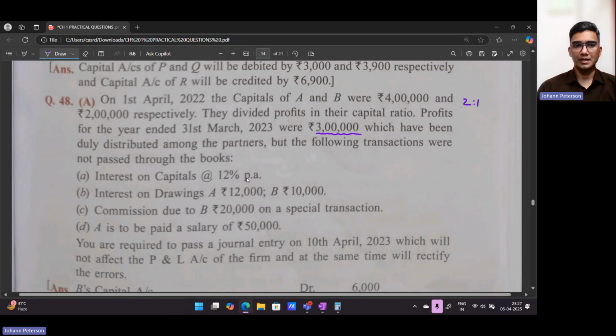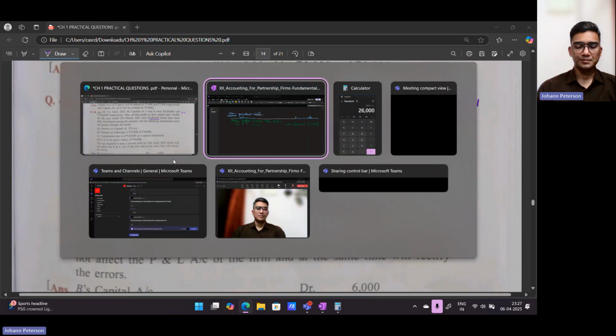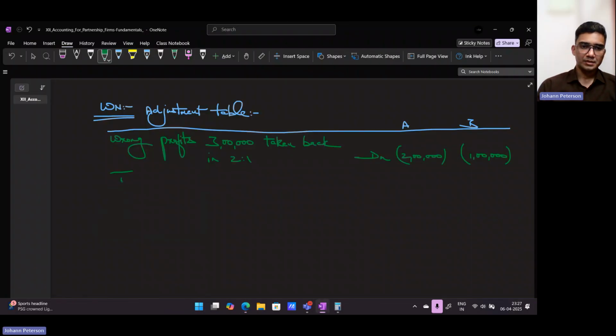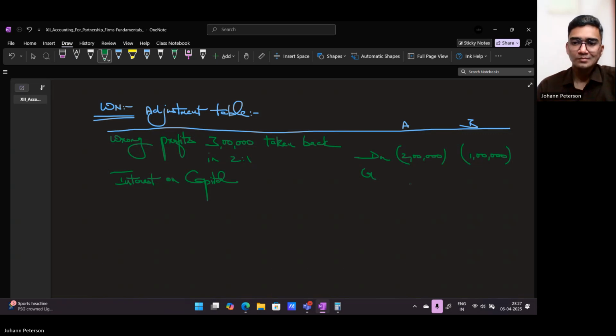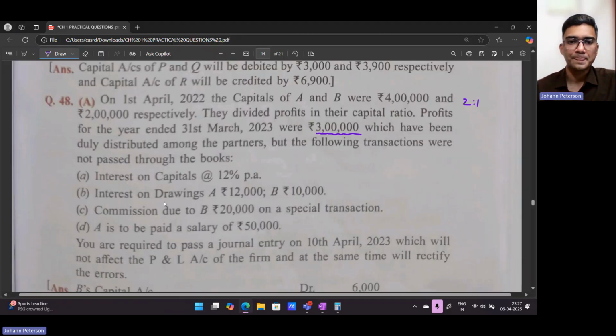So 12% on 4 lakh, which is 48,000, and 12% on 2 lakh is 24,000. So interest on capital, credit 48,000 and 24,000. This will be credited. So it will be with a plus sign.